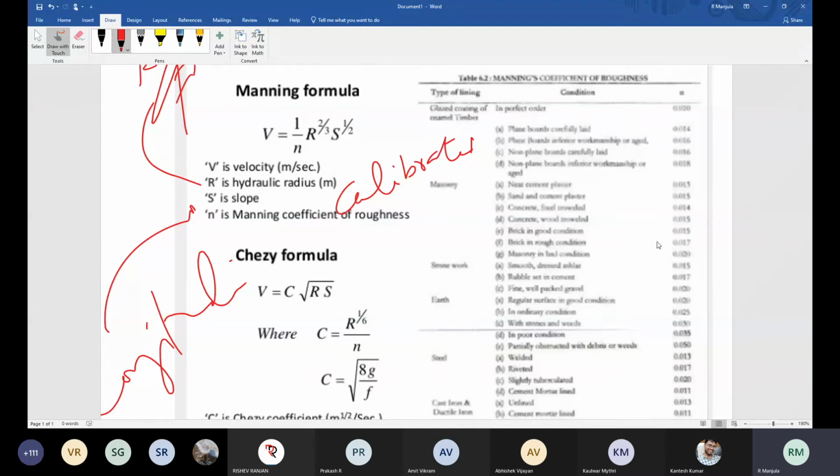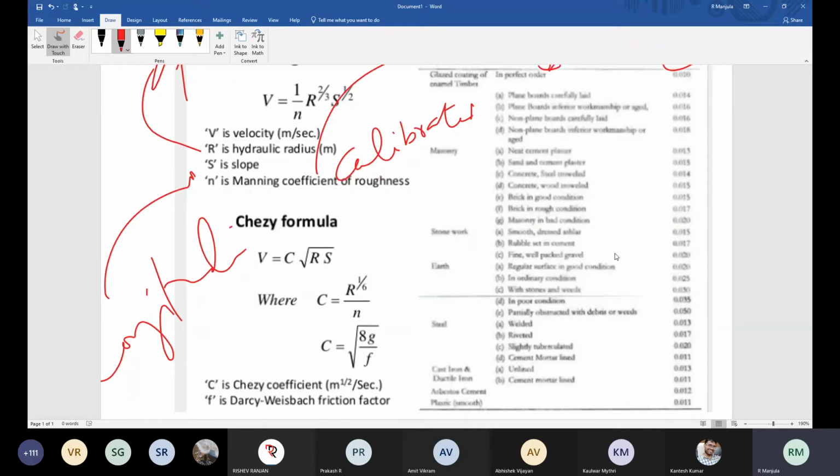You can see all these conditions have various values of roughness. So the value of N depends upon the condition of the channel, which represents what material has been used.